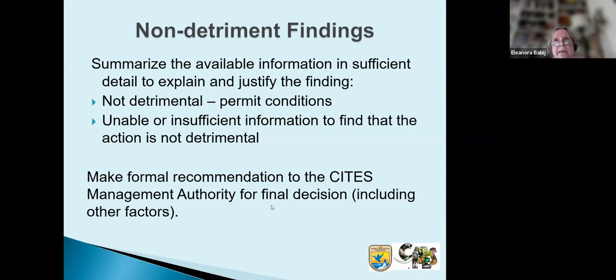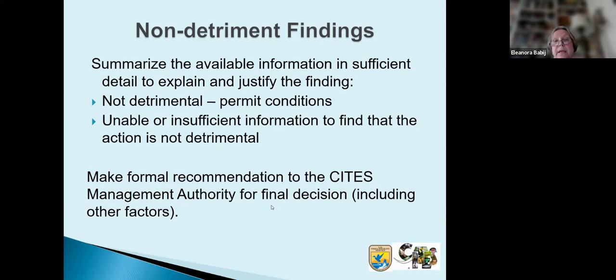It can be a management plan, for example. With paddlefish, we can talk about harvest season or size restrictions. So in a lot of our findings, we have these conditions which allow us to get to the end result of non-detriment.